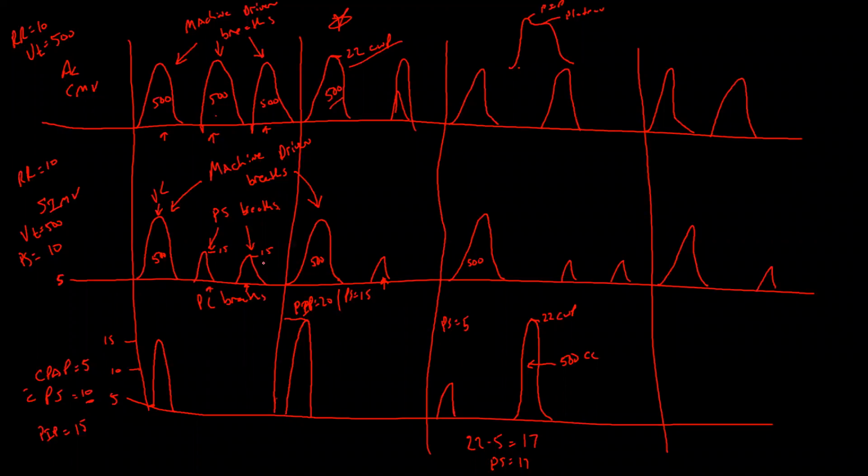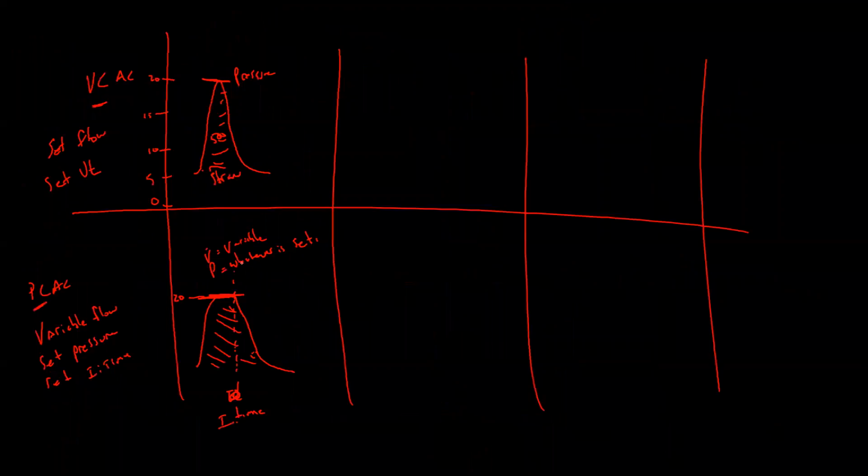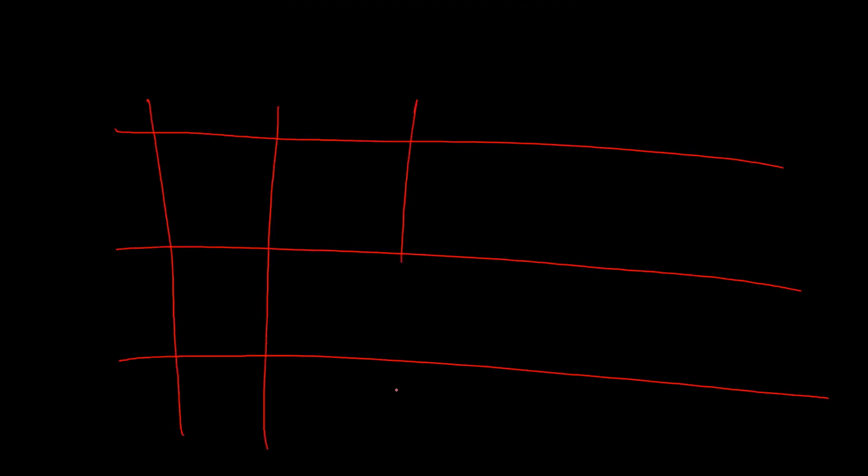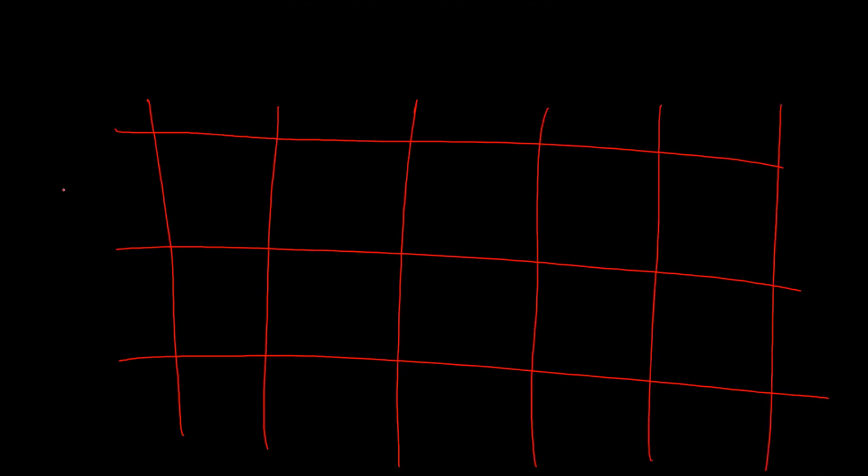Okay, but what we're doing here, if we want to wean this patient, let's go to another screen. If we want to wean a patient in SIMV, so here's assist control, here's SIMV.